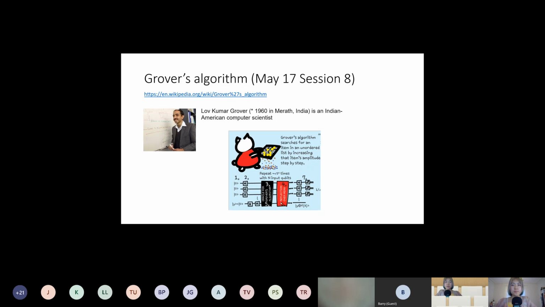Broadly speaking, if we just zoom out, not looking at the details, what this algorithm does is try to search for an item in an unordered, unsorted list. It can increase the amplitude or probability of the item that we're looking for.